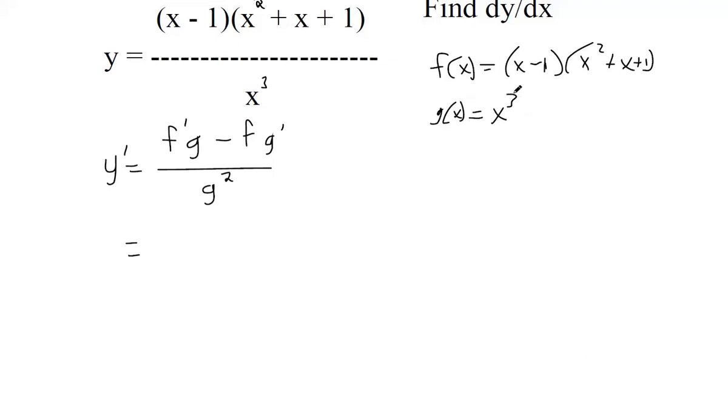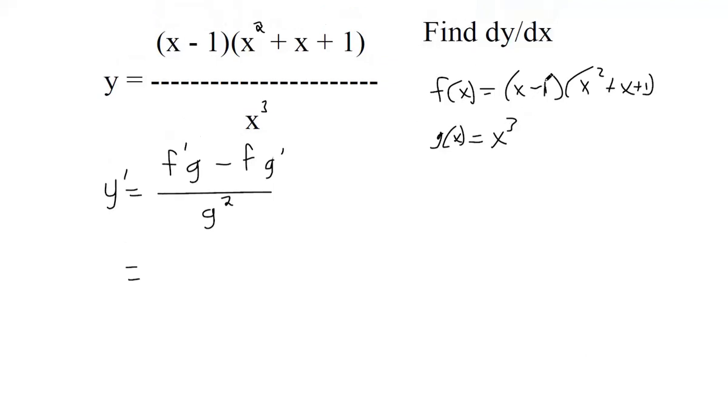The derivative of f needs something called the product rule to find the derivative, because this is a function of x being multiplied to this function of x. And so taking a derivative with the product rule, what you do is you take a derivative of the first function of x. So using the power rule, the 1 comes down and gets reduced by 1. So the derivative of this thing is just going to be 1 times this thing kept the same.